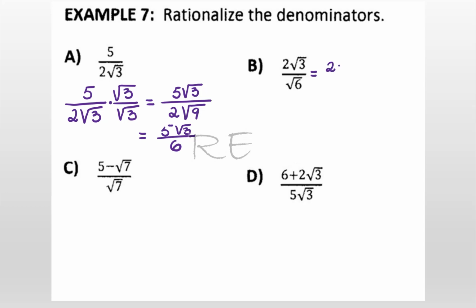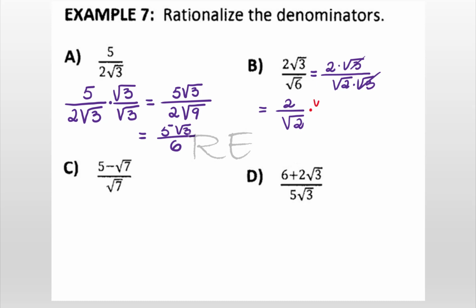For B, we're going to keep the numerator the way it is, and we're going to factor out square root of 6, which is 2 times square root of 3. As you can see, square root of 3 cancel. Our final fraction is 2 over square root of 2.